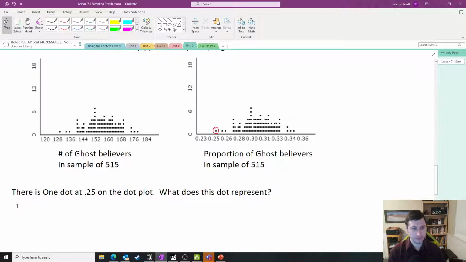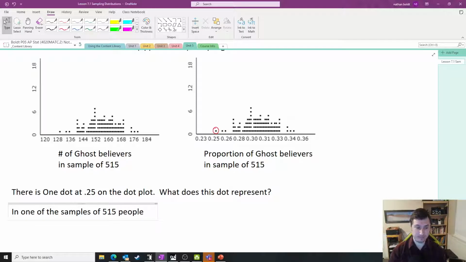So, remember, each dot is not an individual, it is a sample. So that means in one of the samples of 515 people, it was an entire sample of 515, 25% of the respondents believed in ghosts.